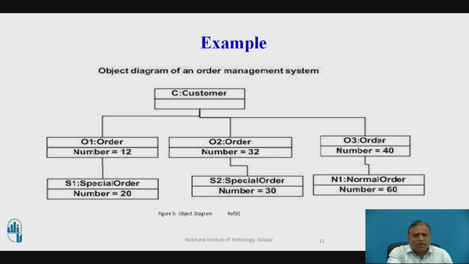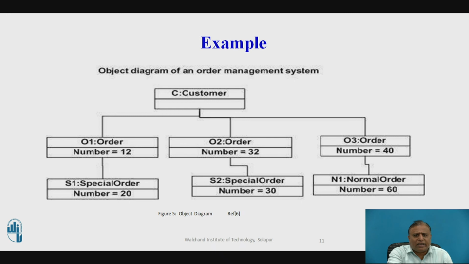considered. So the customer can increase the number of orders in the future, and in that scenario the object diagram will reflect that. If the order, special order and normal order objects are observed, then you will find that they have some values. For order the values are 12, 32 and 40, which implies that the objects have these values for a particular moment.